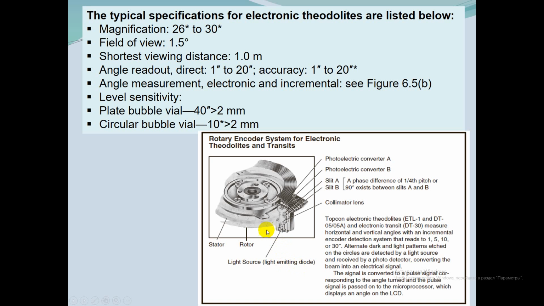The signal is converted to a pulse signal corresponding to the angle turned, and the pulse signal is passed on to the microprocessor, which displays an angle on the LCD.